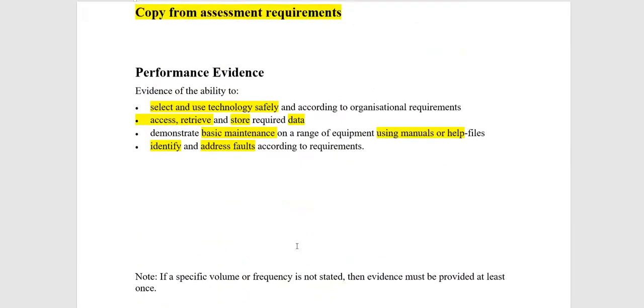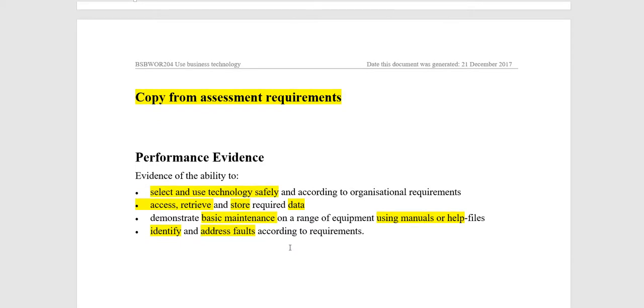So this document, the assessment requirements, actually tells us what must people do. That is what we often consider the performance evidence, because skill and knowledge are the two things that make up competency: what people can do, the skill, and what people know, the knowledge.